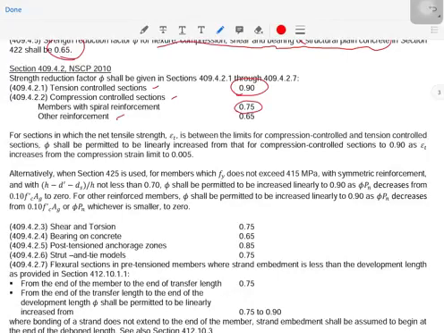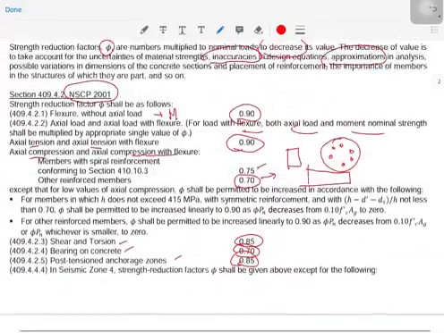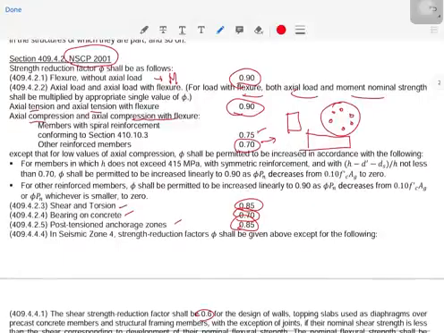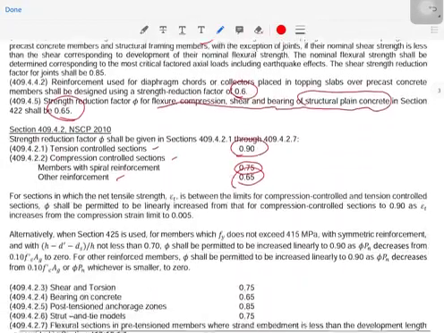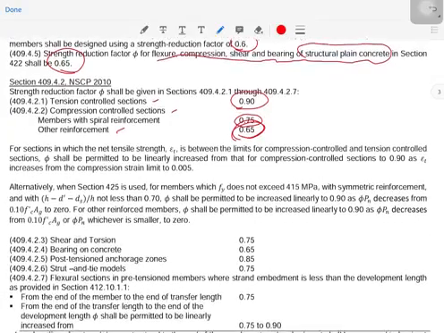Then for other reinforcement, say you have square or rectangular columns, that is 0.65. So there's a difference for the other reinforcement: earlier in 2001 it was 0.7, and in the new code 2010 it was reduced to 0.65.